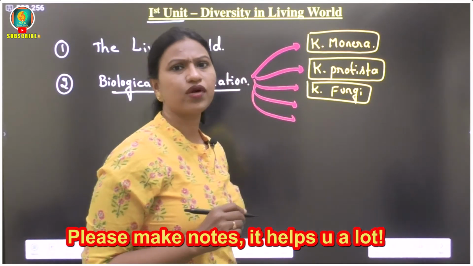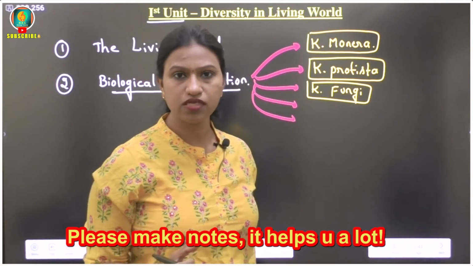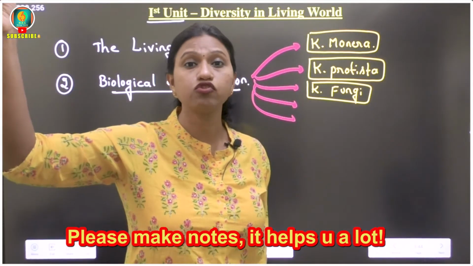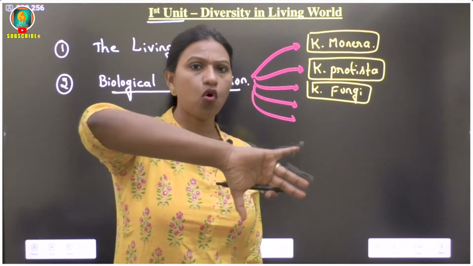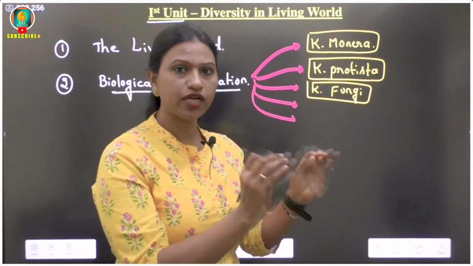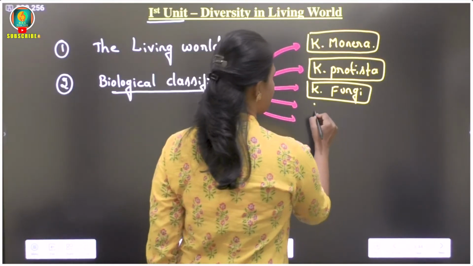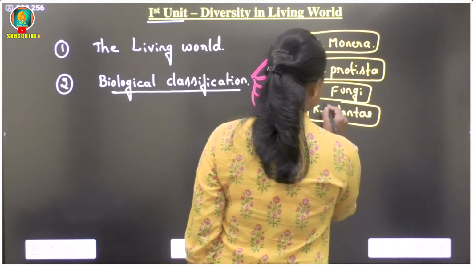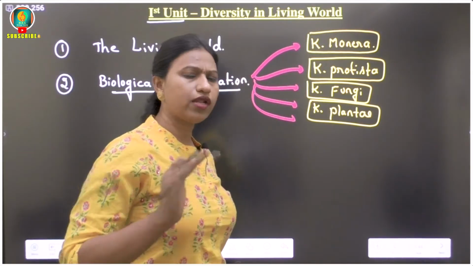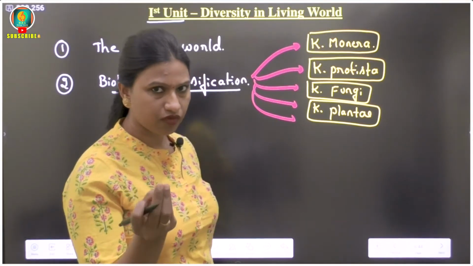Whatever plants you see, from algae to angiosperms, the flowering plants, are put under a kingdom called Kingdom Plantae. Like that, all animals, whether invertebrate or vertebrate.